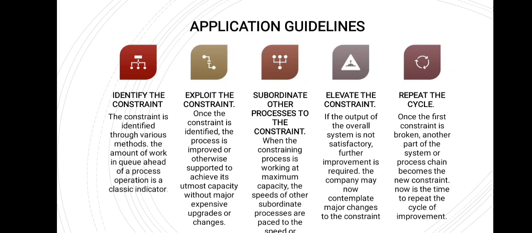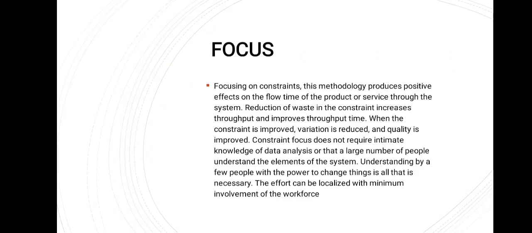The company may now contemplate major changes to the constraint. Repeat the cycle. Once the first constraint is broken, another part of the system or process chain becomes the new constraint. Now is the time to repeat the cycle of improvement.